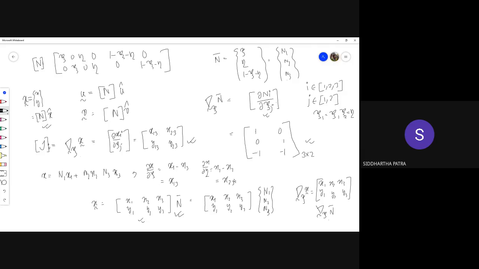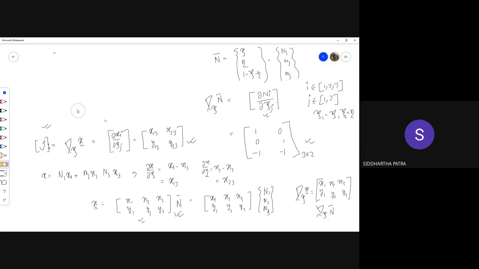Now the next thing that you would do is to take the derivative of the shape function with respect to the physical coordinates. So we define the gradient of N bar with respect to x, which basically gives you individual components as ∂Ni/∂xj.